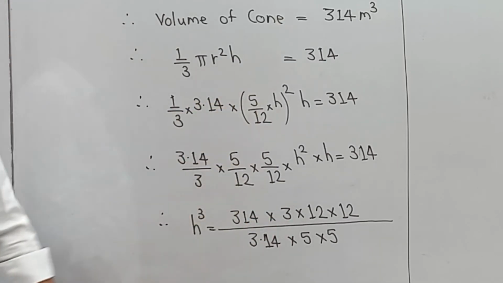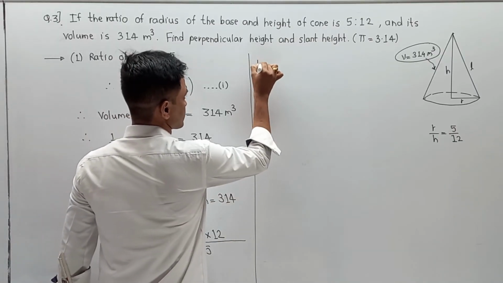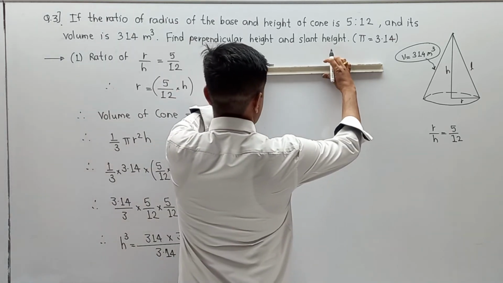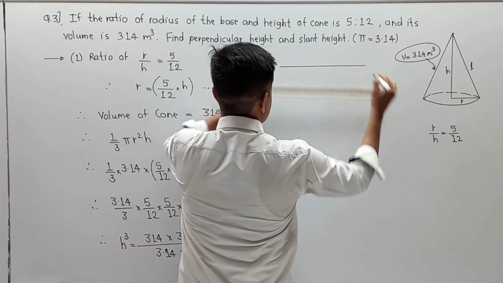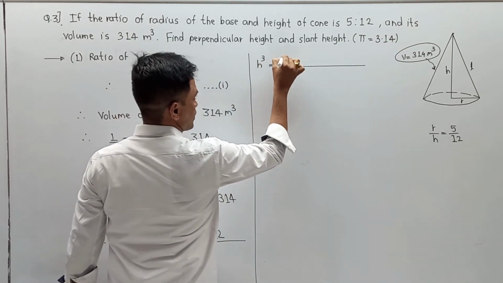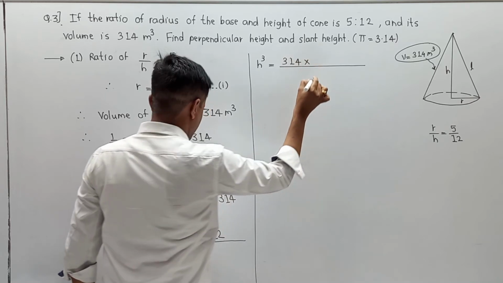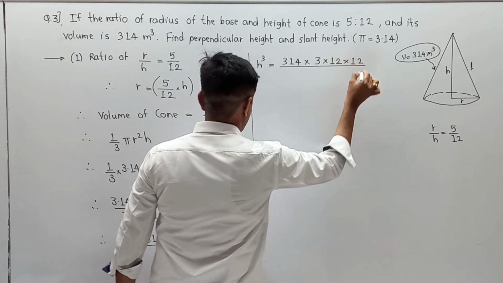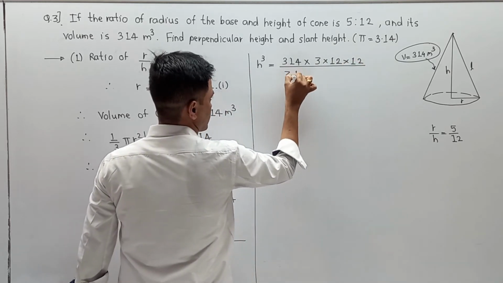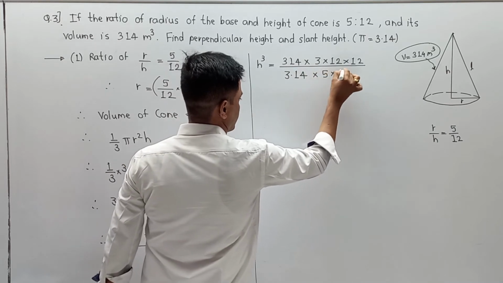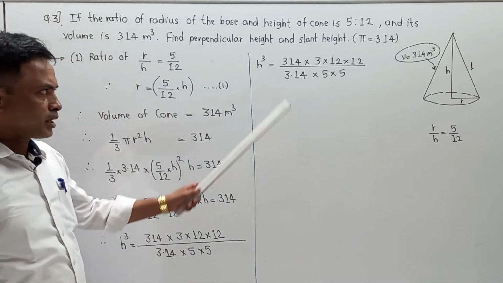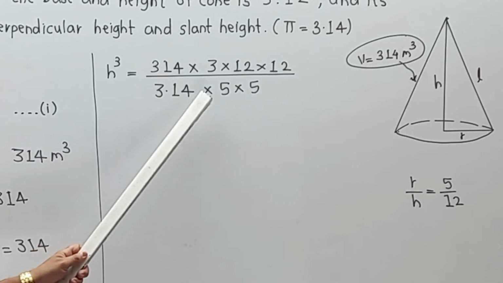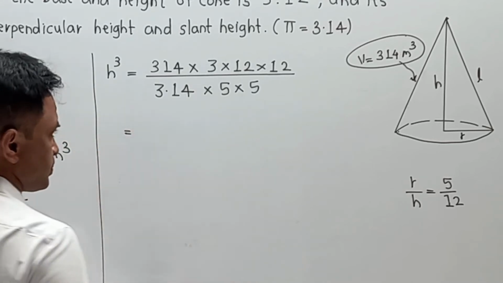Now h cube is equal to 314 into 3 into 12 into 12, total divided by 3.14 into 5 into 5. Here 3.14 divided by 100 means I am shifting the decimal over here.